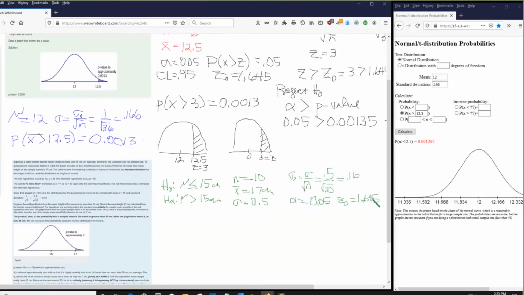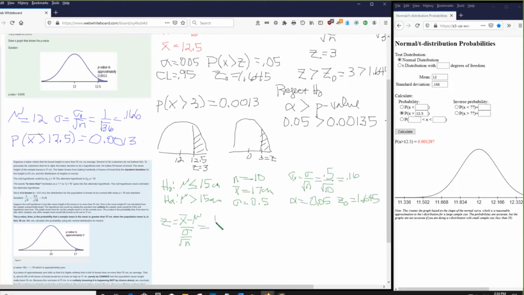Then we do the z-score for the data, which is the sample mean minus the population mean divided by the standard deviation divided by the square root of n.